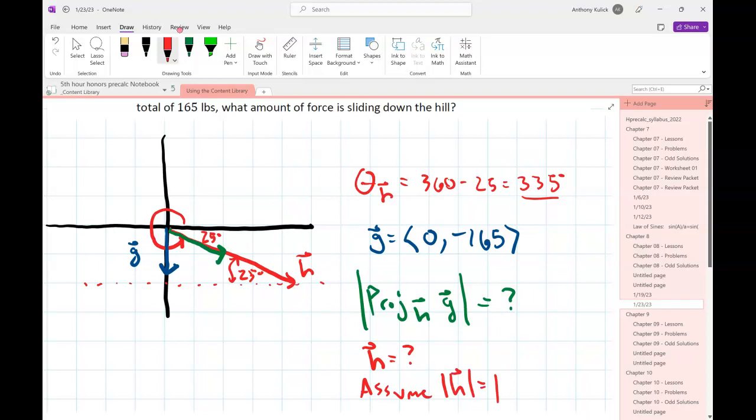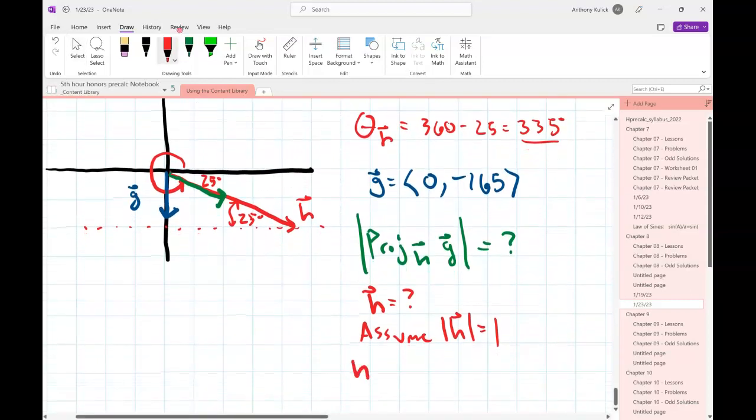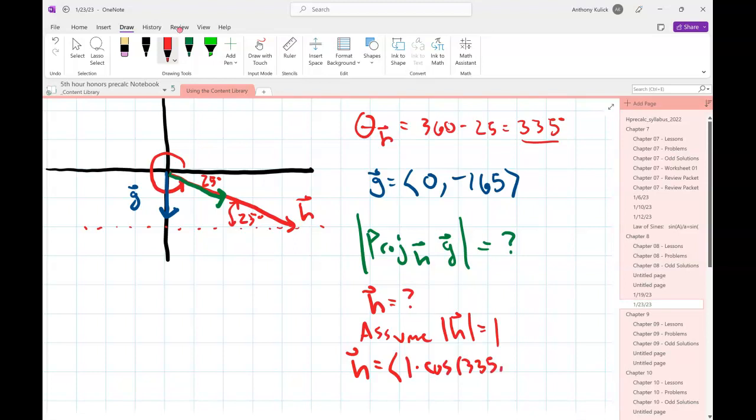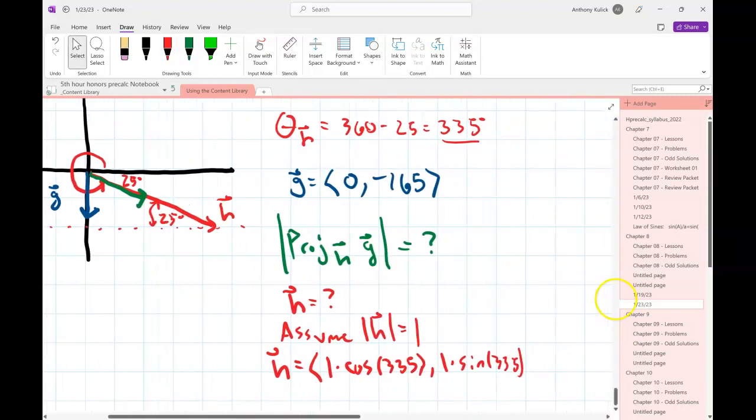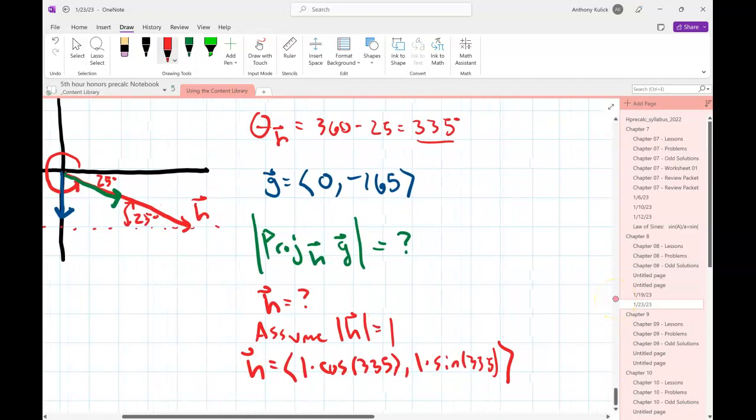If we're not told what the length of vector v was, we can just assume vector v to have length 1. So if we do that, then we have 1 times cosine 335, and then 1 times sine 335. So H will just be a unit vector.